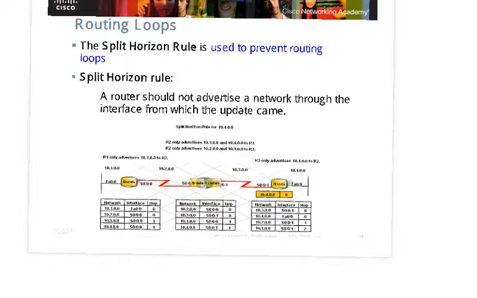I did not store the fact that 10.4.0.0 had come from router 3, in which case I sent a route update about the destination network 10.4.0.0 to router 3, where it actually came from.